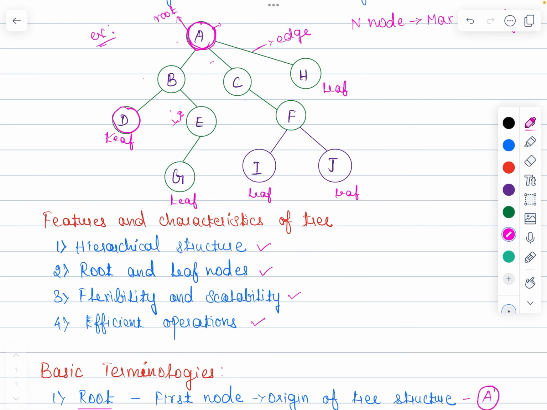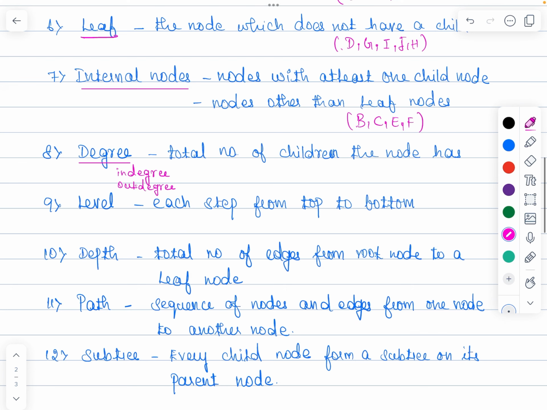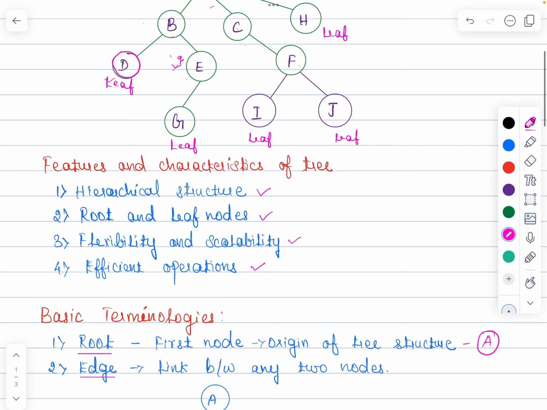Let's check the degree for node F. If you want to check the out degree for node F, out degree means the number of child nodes the node has. The out degree of F is going to be 2. There are two nodes, right? I and J are the children of node F. So the out degree is 2.